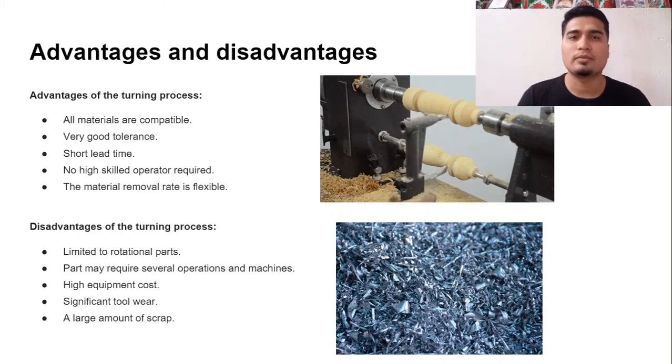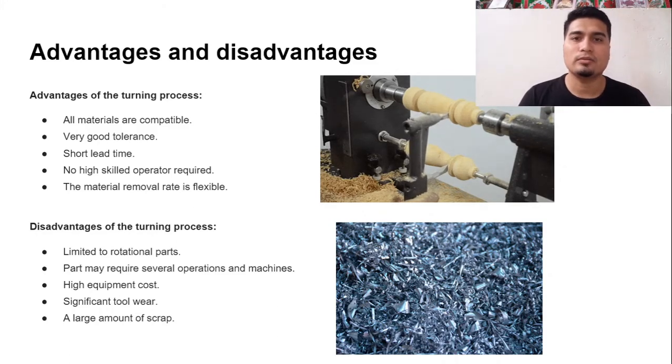Some examples of materials that we can use are carbon steel, copper, stainless steel, aluminum, magnesium, and other materials like lead, nickel, ceramics, titanium, thermoplastics, and thermosets. So we can work with a wide range of materials.